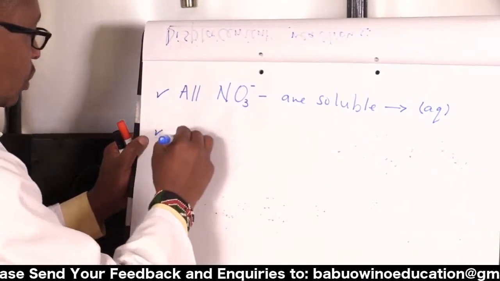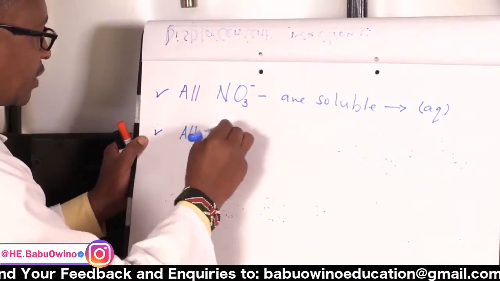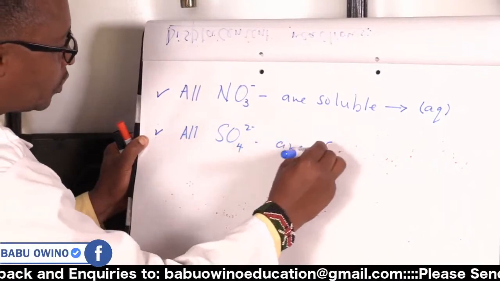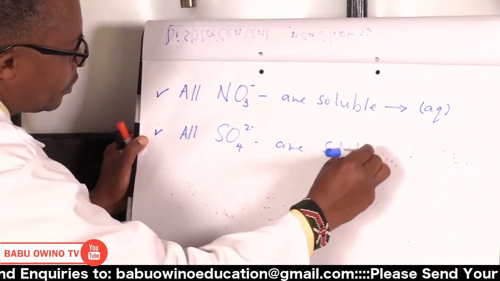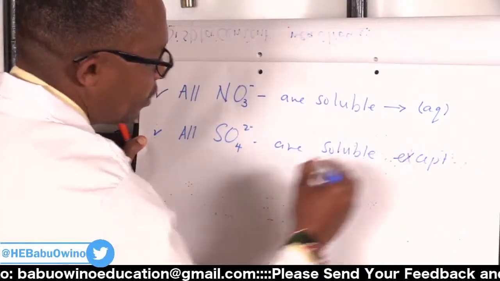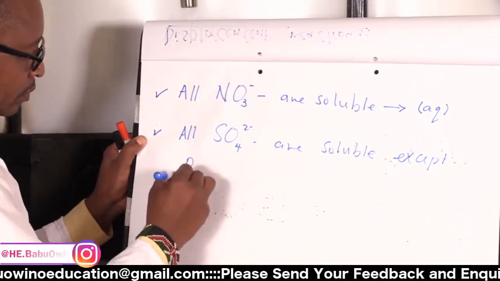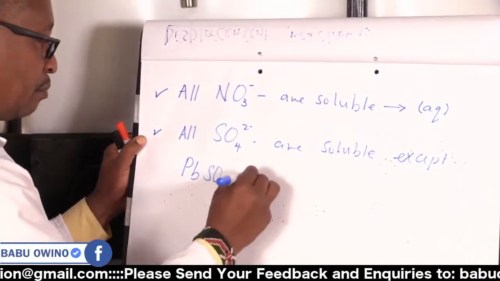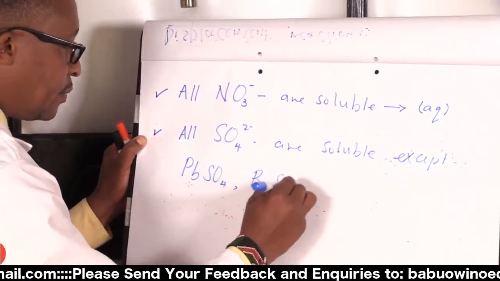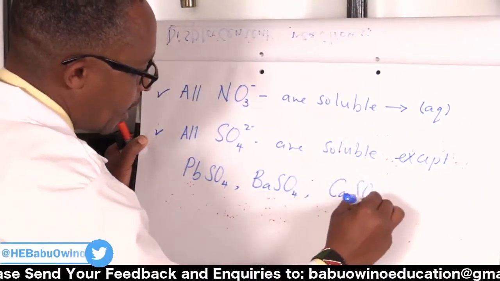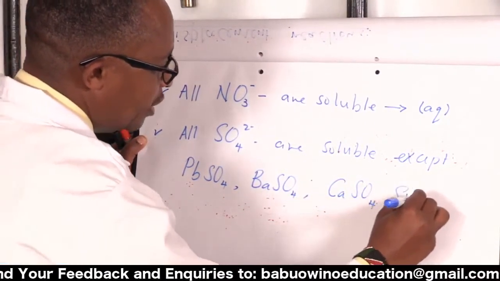Number 2, all sulfates are soluble except lead sulfate, barium sulfate, and calcium sulfate, which is sparingly soluble.